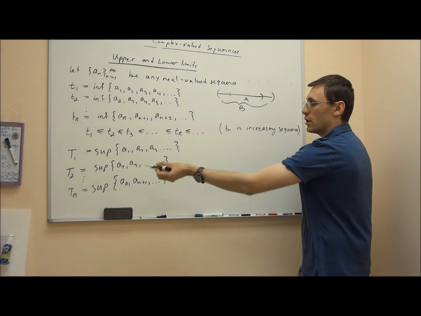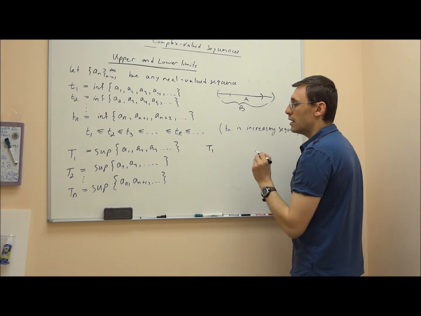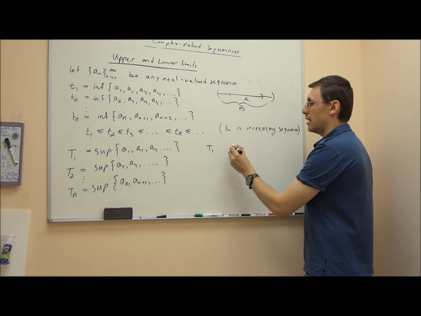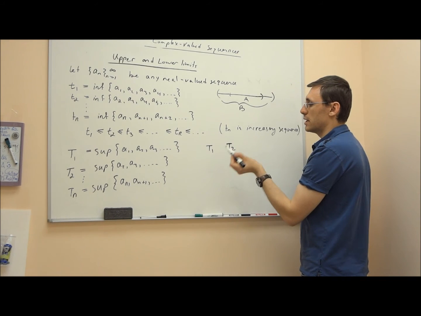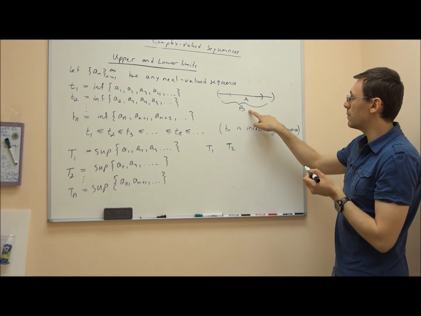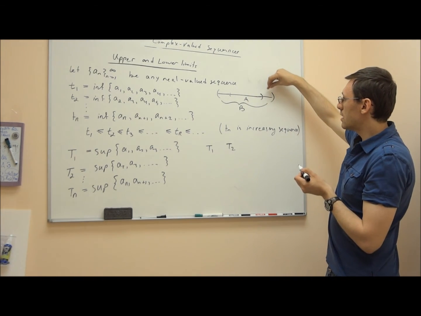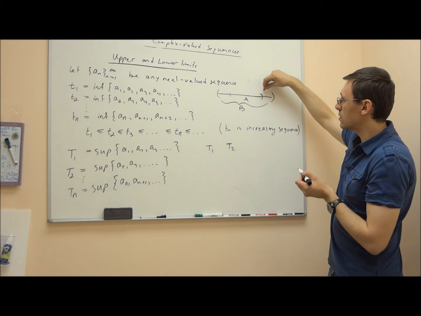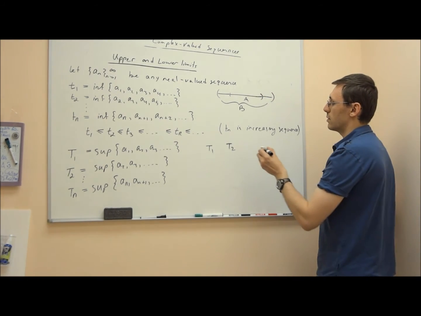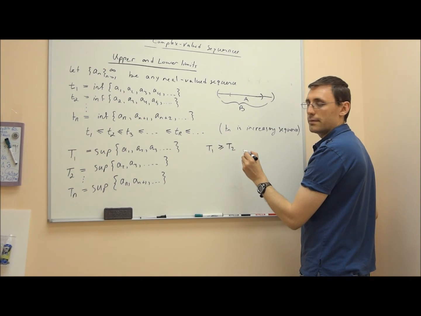So what would you observe about the capital T's? What is T1? T1 compared to T2, which one is larger? Again, looking at this intuitive picture, you can see that as the sets decrease, the supremums, the upper bounds of the sets, they just tend to go down. So therefore, T2 is potentially smaller than T1.